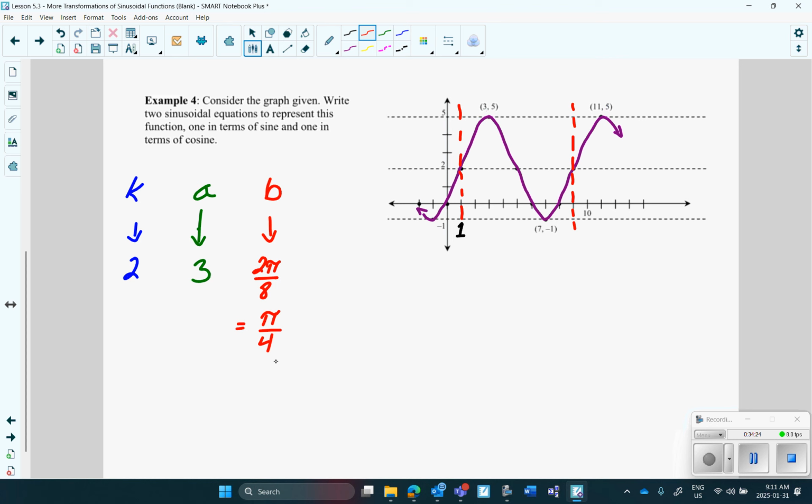Now remember, we're doing the sine first. Well, the cosine graph started here.